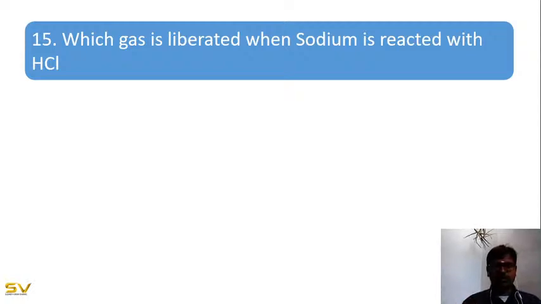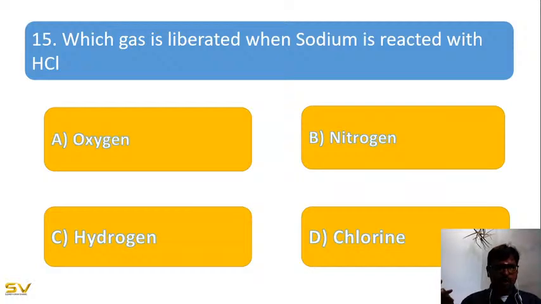Instead of metals, I have given sodium. Sodium is a metal. In the textbook, you get it as zinc. So here, instead of zinc, we have given sodium. So there is a little bit of change in the question. And your options are oxygen, nitrogen, hydrogen, and chlorine.